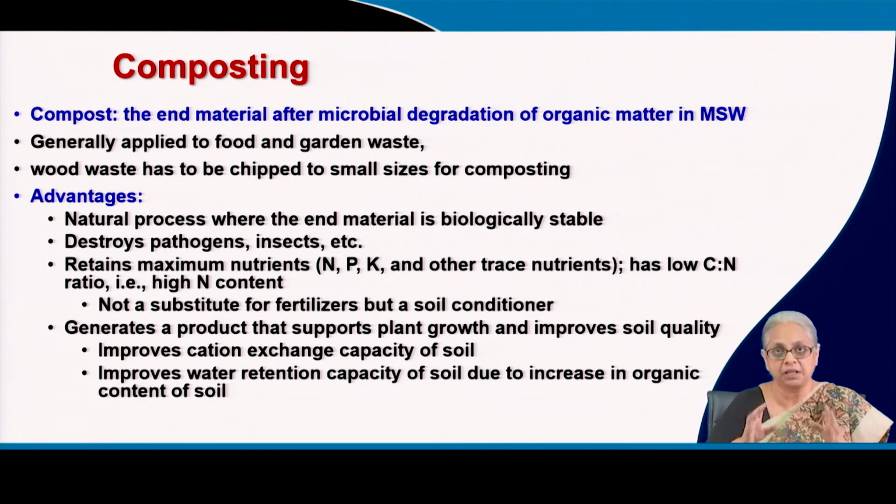The first thing is it's a natural process, and the only thing you need to do is occasionally turn it and mix the content and provide sufficient moisture so that the degradation process continues without any hindrance. So the end material is biologically stable.